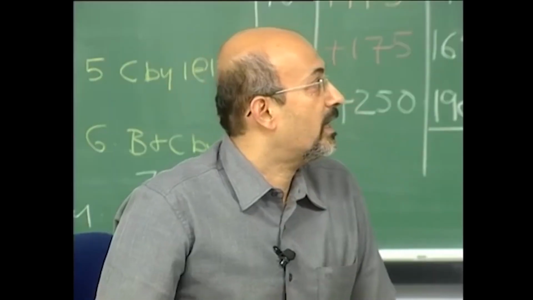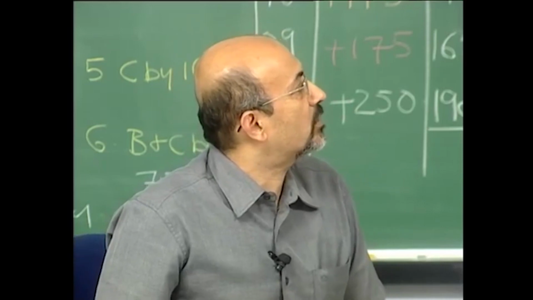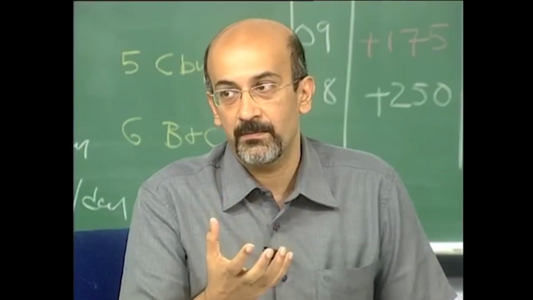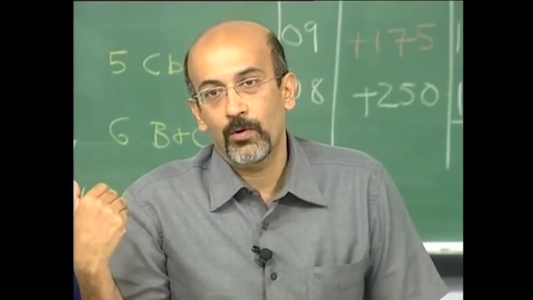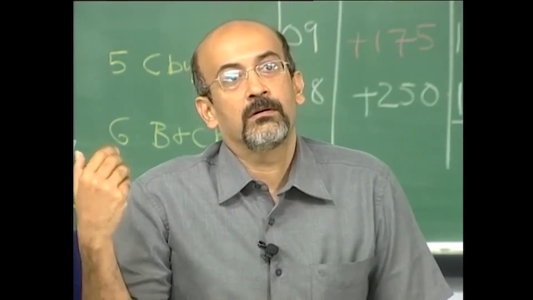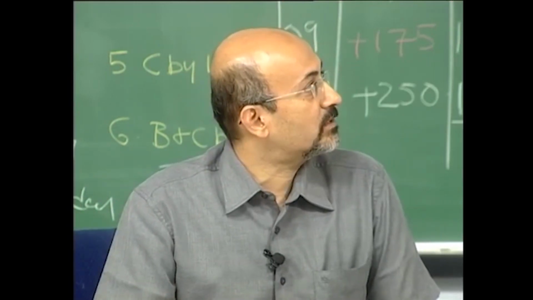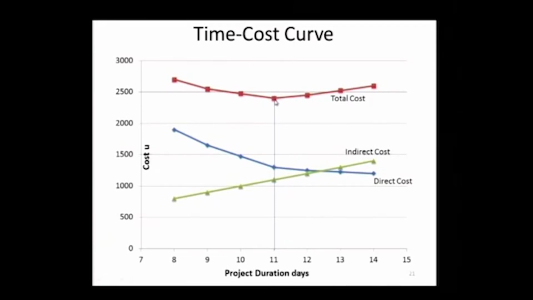Now we talked about crashing cost per day, and in overhead cost we talked about a constant value on each day. So can you roughly guess where this optimum or minimum occurs?